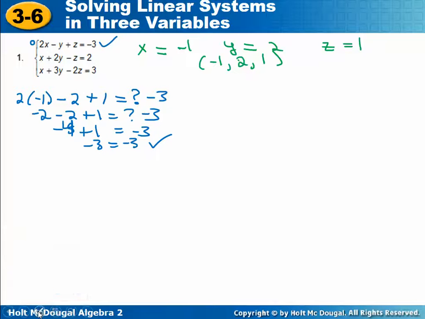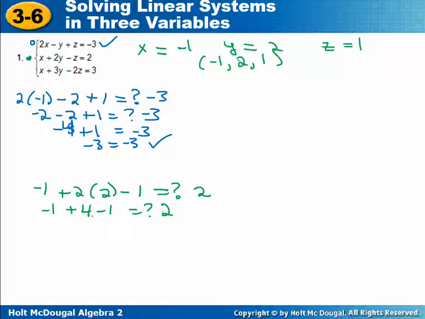Okay, then I'm going to do the second equation. So x is negative 1 plus 2 times y, that's 2, minus z, which is 1. I want to see if that is equal to 2. So negative 1 plus 4 minus 1, is that equal to 2?